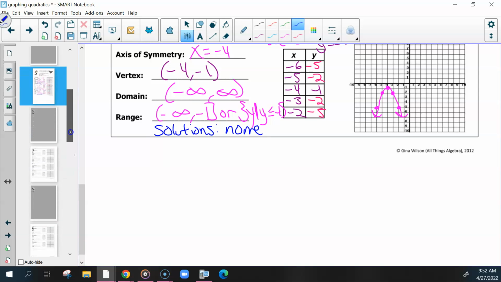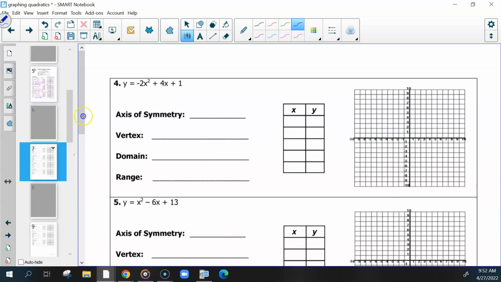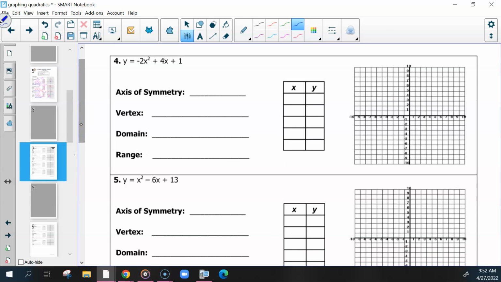We're going to do number 4 in Desmos. After we do number 4, I'm going to have you guys do one more, and then the class will be over.